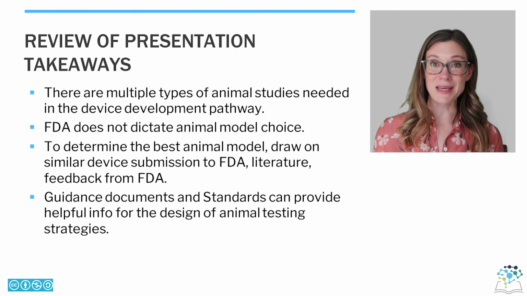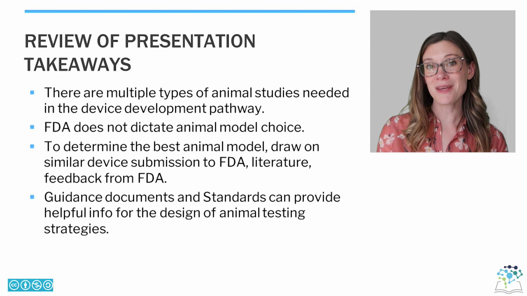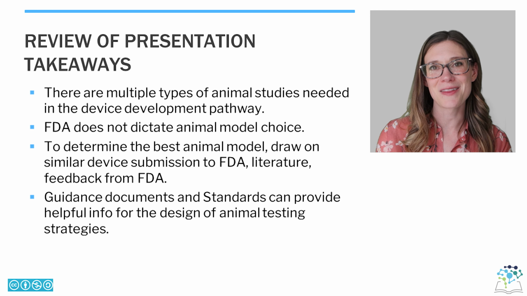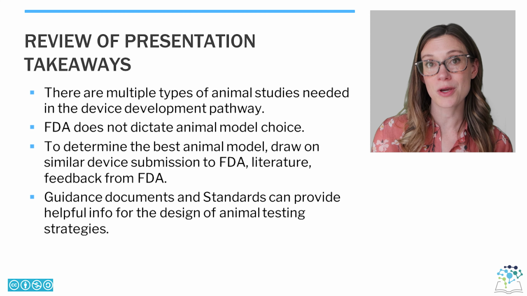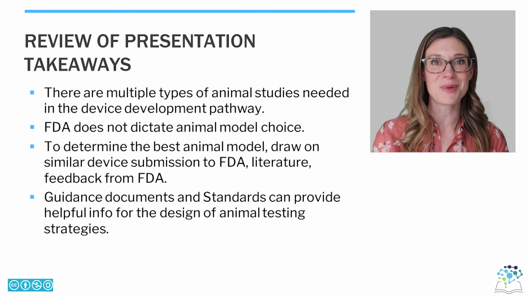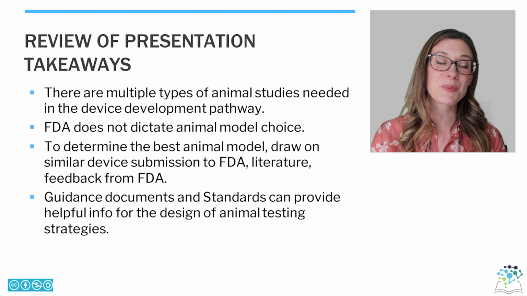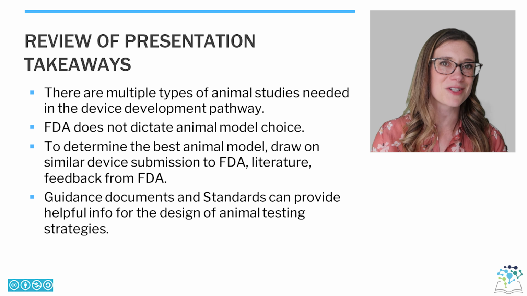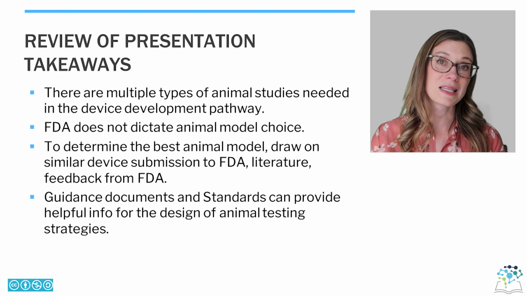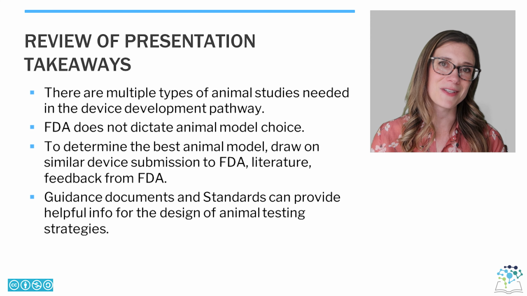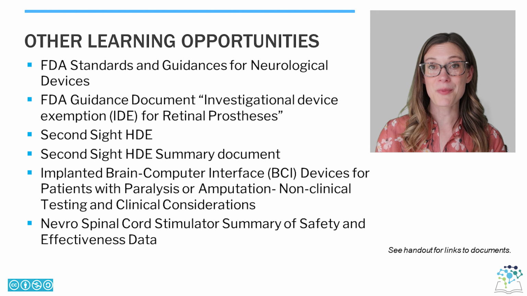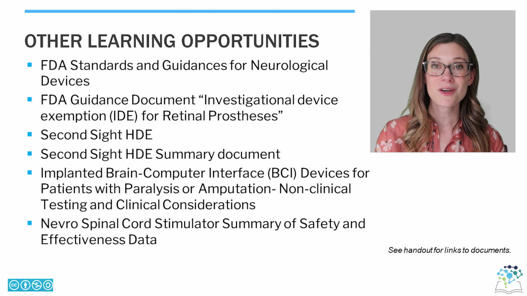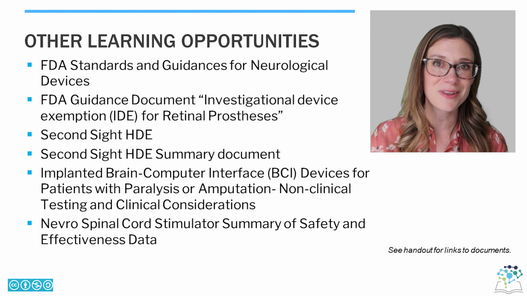But to make your best guess about what an appropriate animal model would be, there are multiple sources that you can draw from, and that can be previously approved devices and looking at the animal models that they selected. That can be literature, or potentially you may be able to get important information from recognized consensus standard documents and FDA guidance documents.